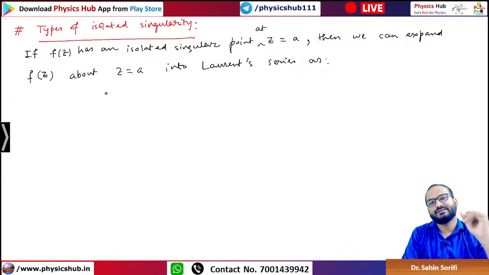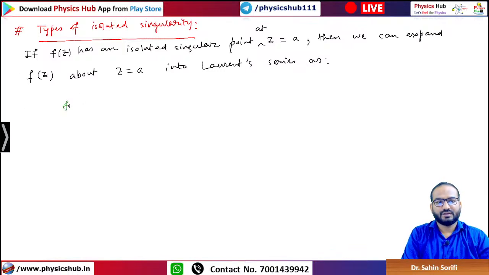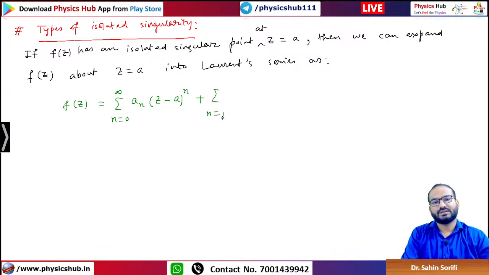How do you expand in Laurent's series? f of z equals the sum from n equals 0 to infinity of a_n (z minus a)^n, plus the sum from n equals 1 to infinity of b_n by (z minus a)^n, right?